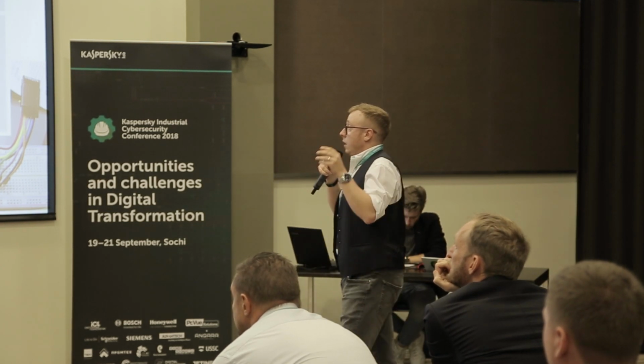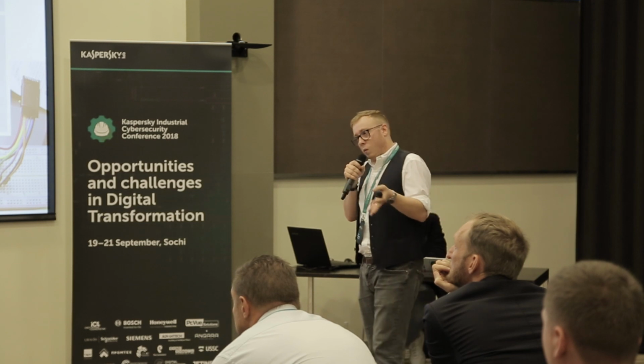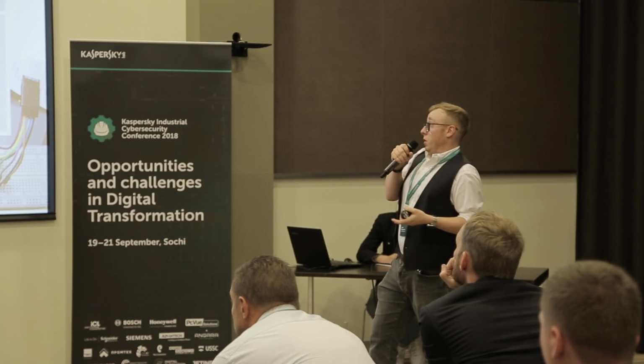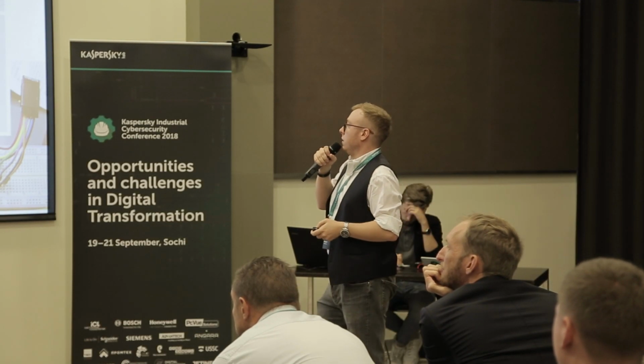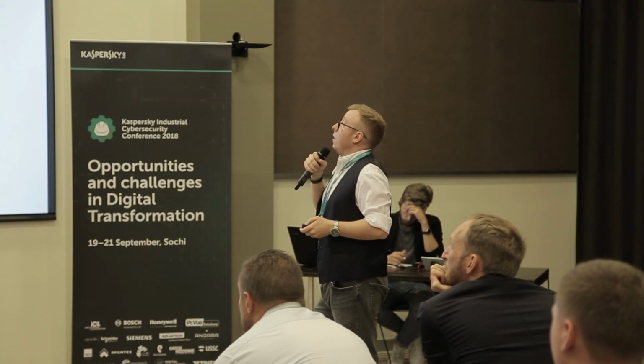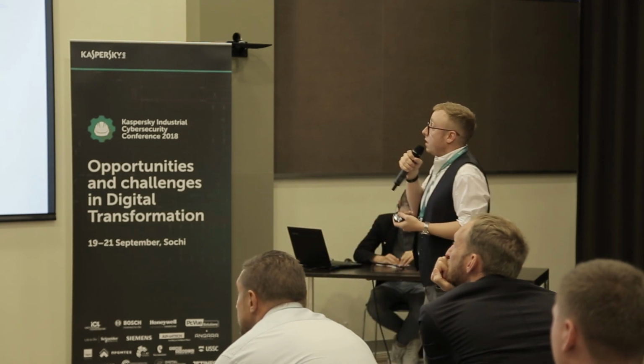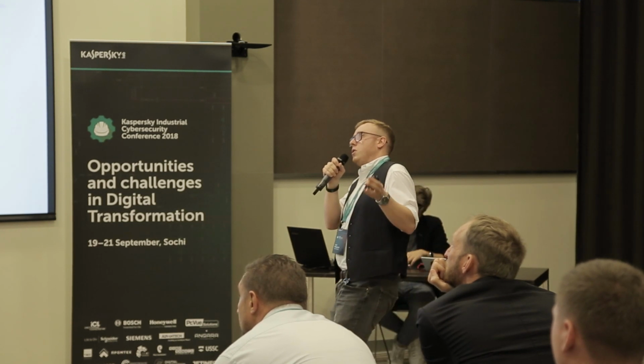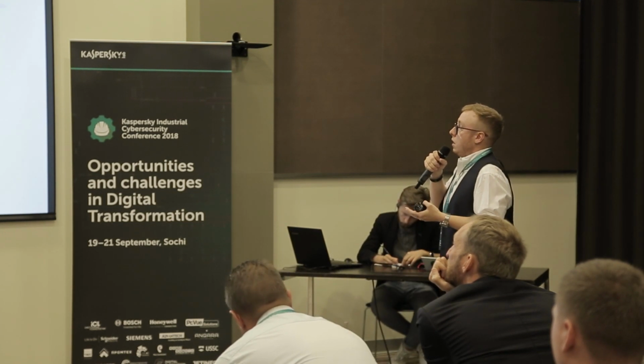I replaced the ESP, so the Wi-Fi chipset, with a mobile baseband. The first version will have GSM, but since many of you are living in places like the US and Canada, where GSM is not a thing anymore, I will replace it with an LTE IoT baseband. So that will happen soon as well. Since we have a GSM 2G baseband, the operational range is pretty much unlimited, right? So here is the workflow.